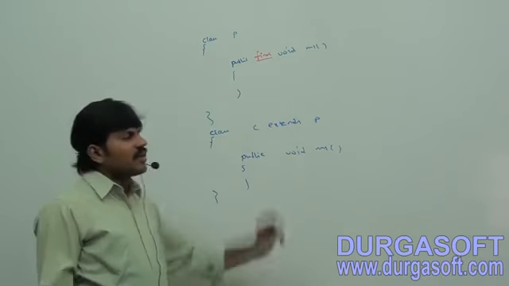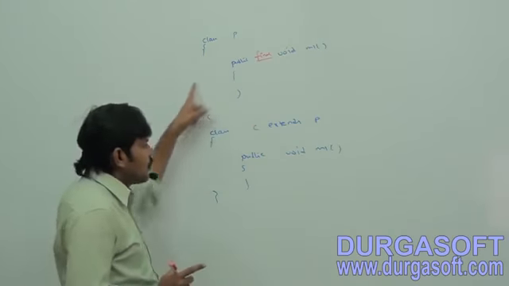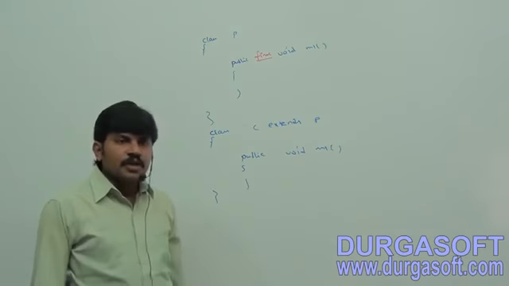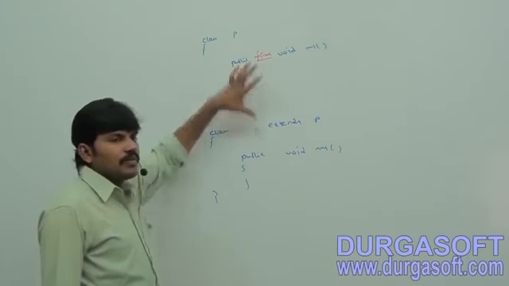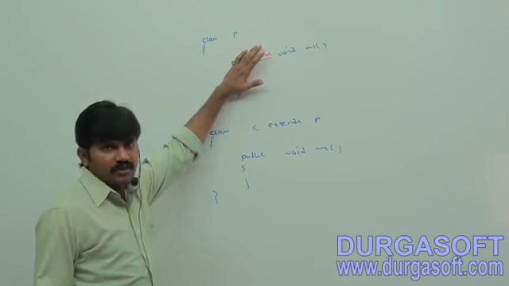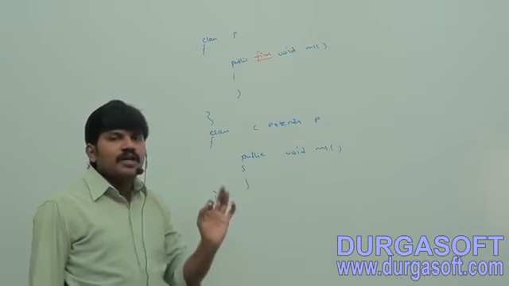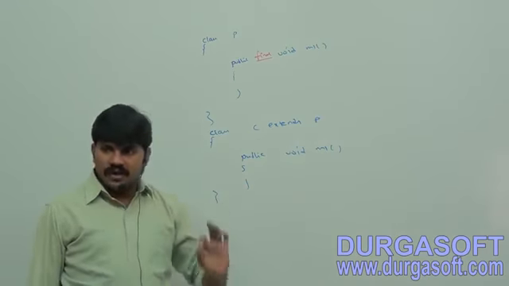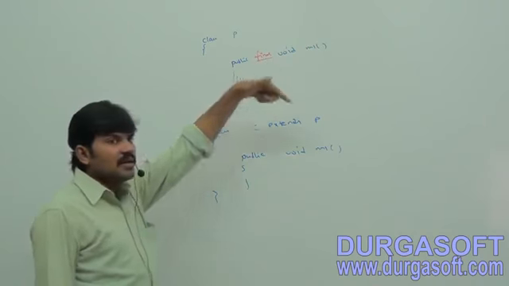If the parent class method is final, then you can't override that method in the child class. Because this implementation is final, no one is allowed to redefine or override that method. Overriding is not applicable for final methods.